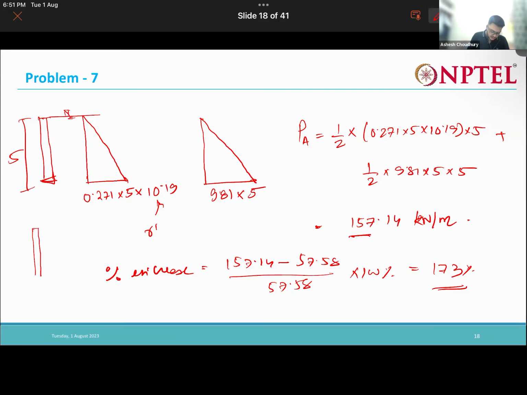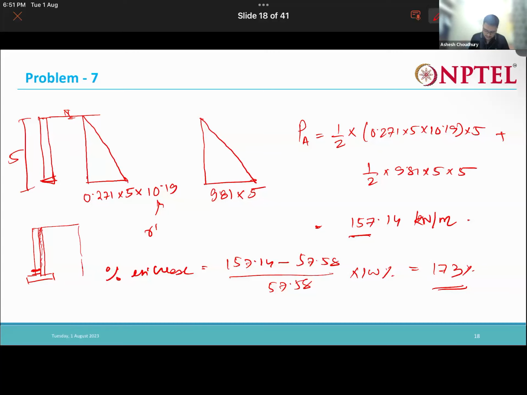So when we construct a retaining wall, proper care should be given to the drainage. What is done is that here in this part we place some weep holes. Also, we can place some geotextile which can act as a drainage layer.